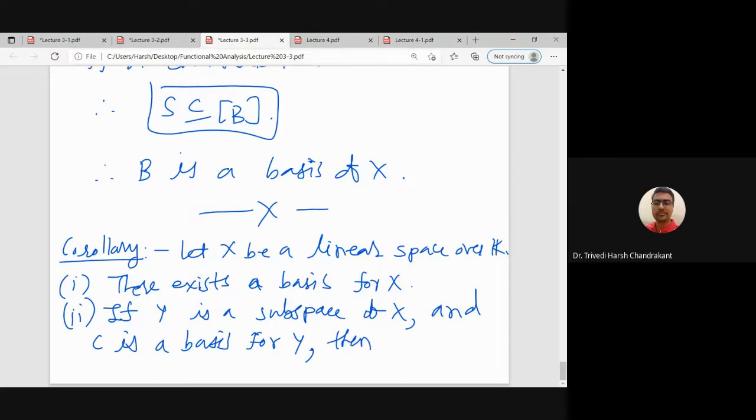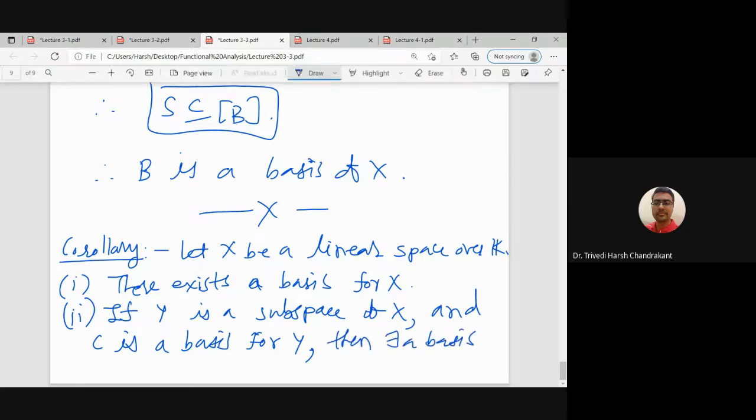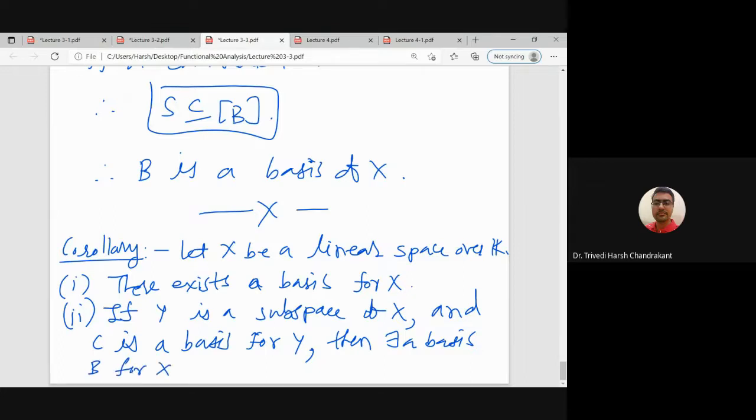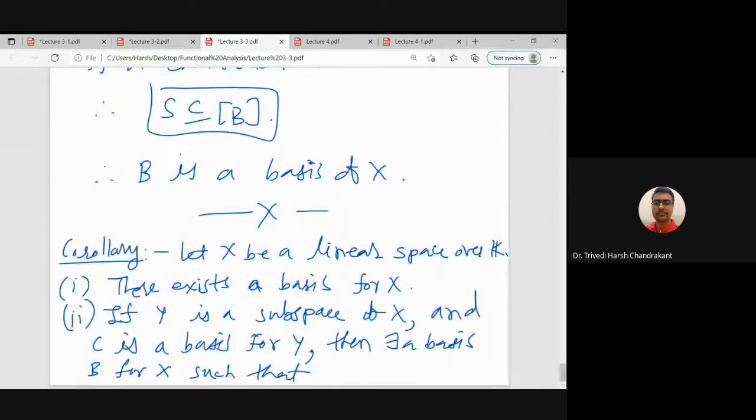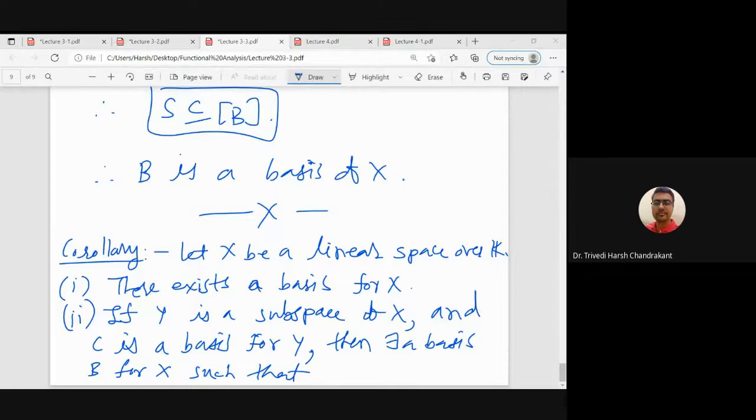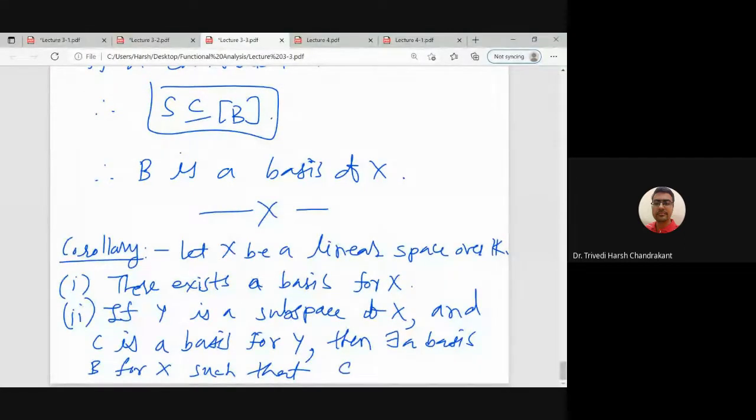we can find a basis for the vector space such that C is contained in B. So basically we can expand the basis of the subspace to get the basis of the vector space.